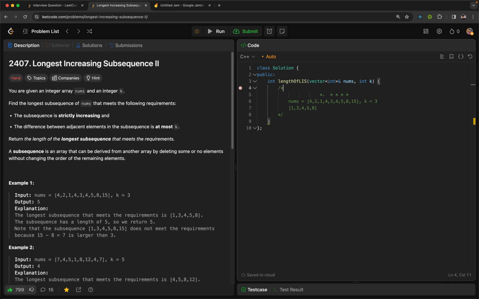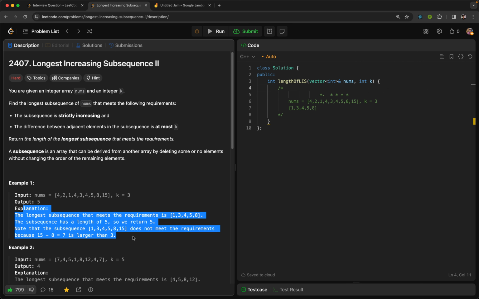So let's try to analyze how we have derived the first example. That is, we have a nums which is given as per this array, and we are given a k of 3, correct? Now we have to find the longest LIS following these criteria. If you go by the example in the explanation, you would see that the valid answer is 1, 3, 4, 5 and 8.